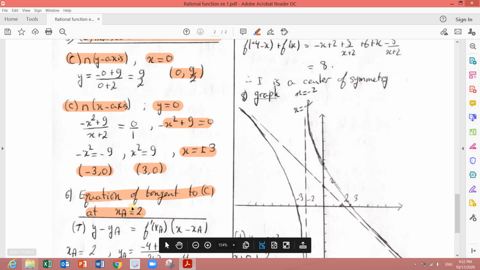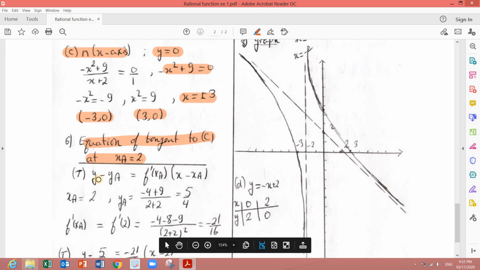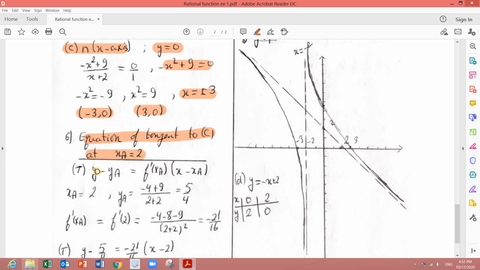As a rule, the equation of the tangent is y minus y_A equal f prime of x_A, where f prime of x_A is the slope, into x minus x_A. This is a rule to be memorized. Y minus y_A equal f prime of x_A into x minus x_A. This is the equation of the tangent.